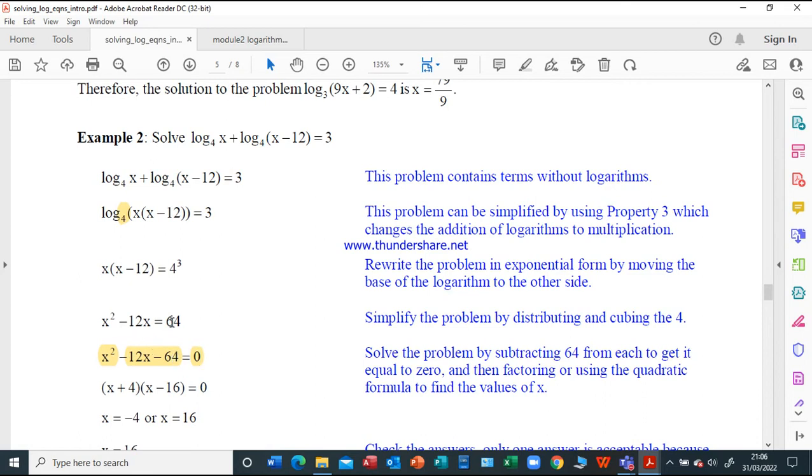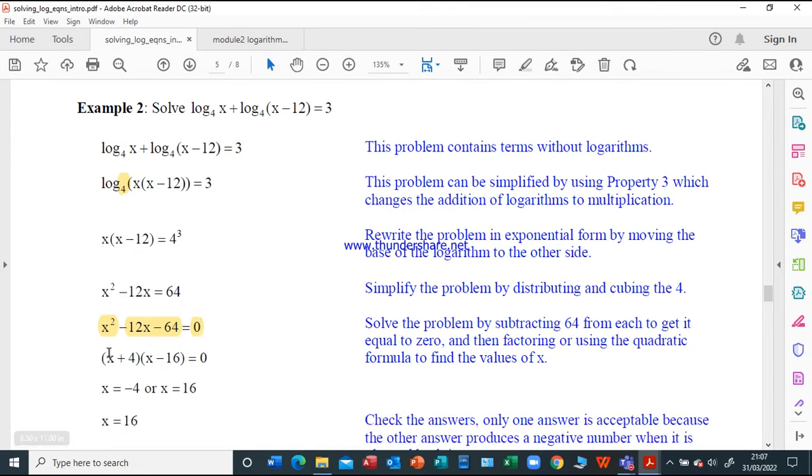So when you do the factorization, the two factors are 4 and 16, with 16 being negative. Once you know the factors, you just write them as it is. The positive number is 4, the negative is 16, so you write the two factors, x plus 4 times x minus 16.